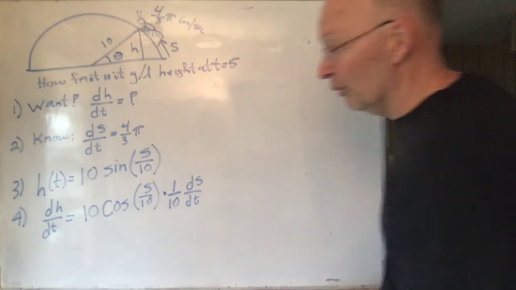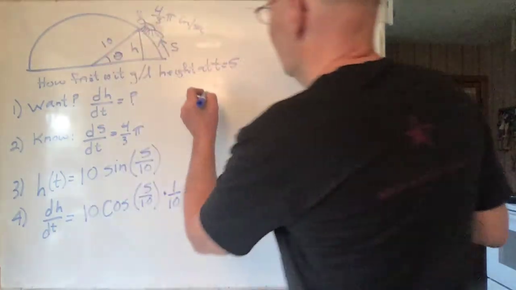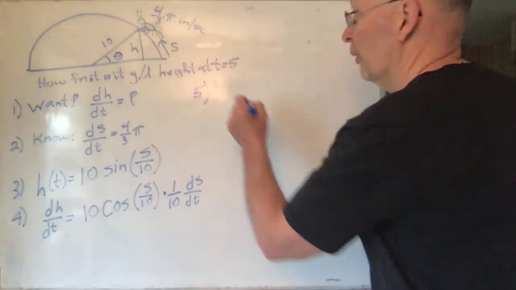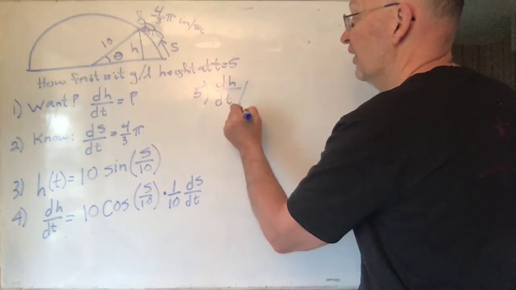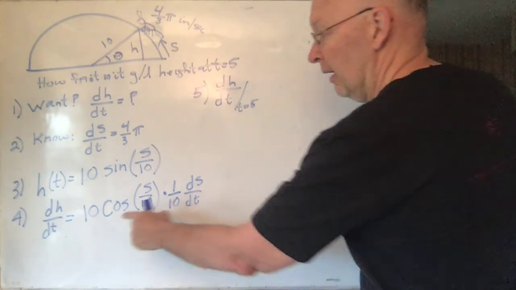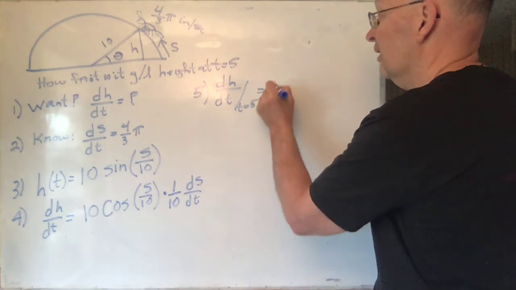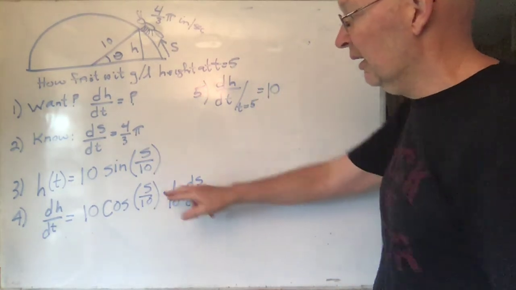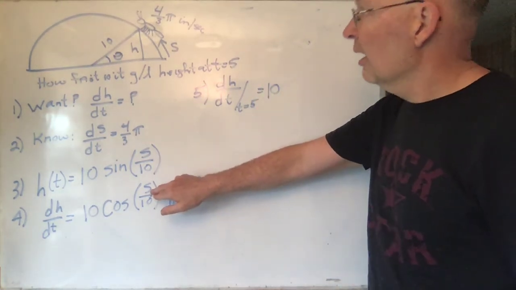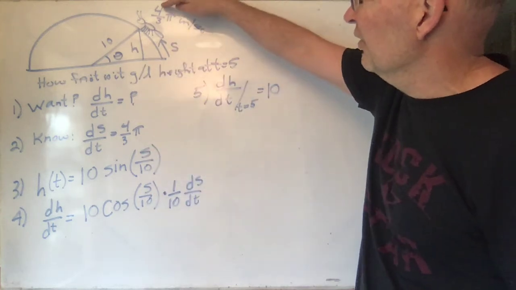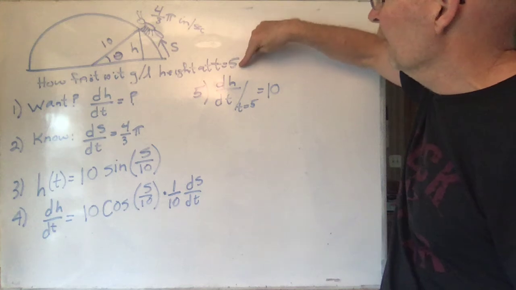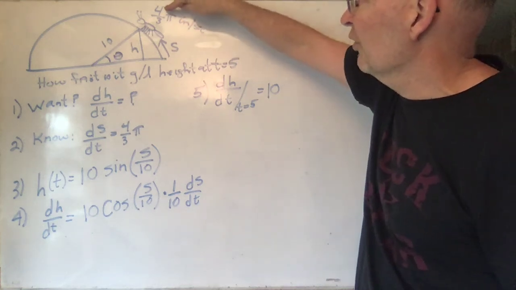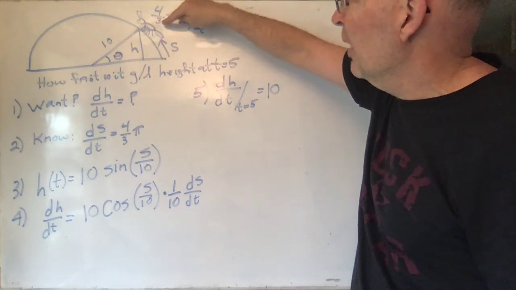Let's see. So we want dh dt when t is equal to 5. So we're going to get 10 times the cosine of, well, let's see, s. This poor ant is moving at 4/3 pi inches per second. So after 5 seconds, 5 times 4 is going to be 20 pi over 3.